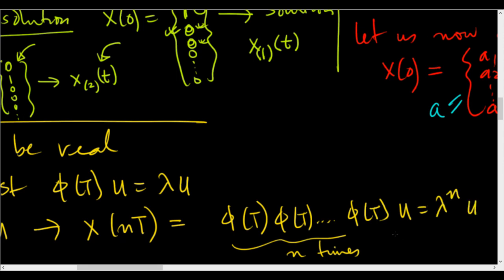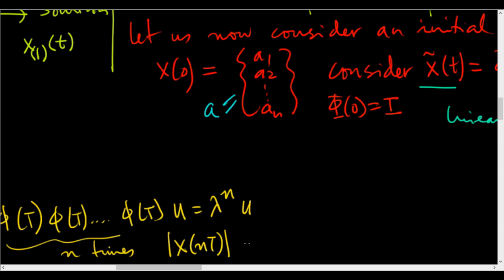And so the magnitude of x of nT, the norm if you like, is equal to the absolute value of lambda to the power n times the norm of u. Okay, so you can see that it will grow without bound.